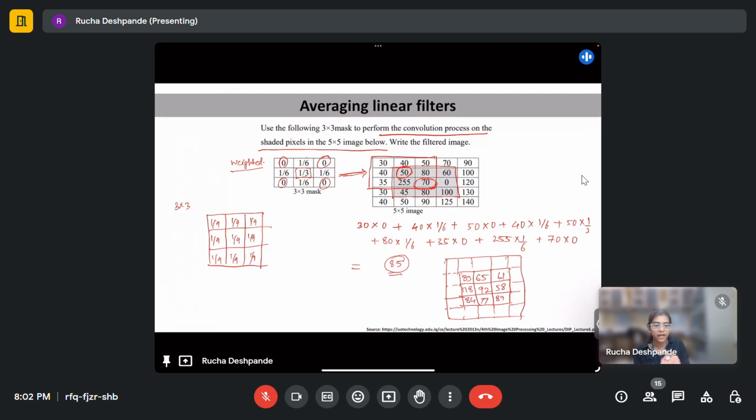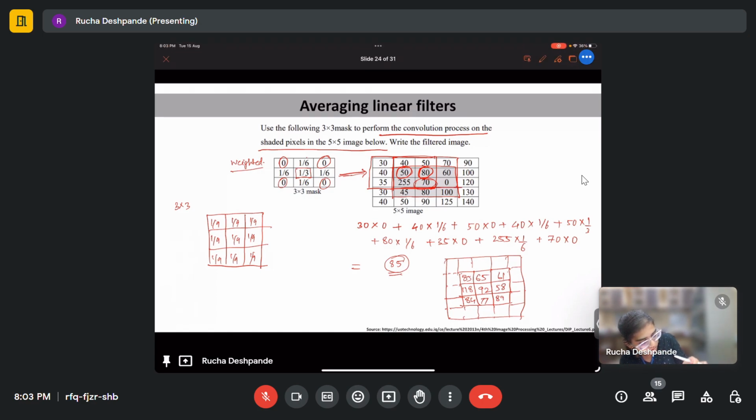Then we do the same kind of transformation for all the other pixels. For 80, the filter will move and it will be here. For the second one, it will be here. Then for 60, it will be this third window. The filter will move, and accordingly the value of each pixel will be calculated.